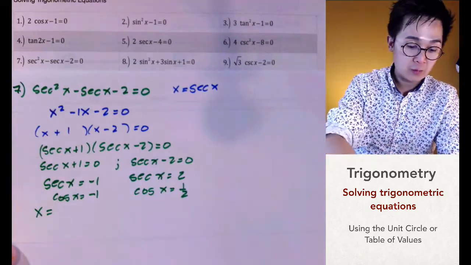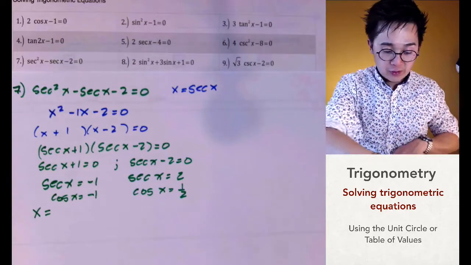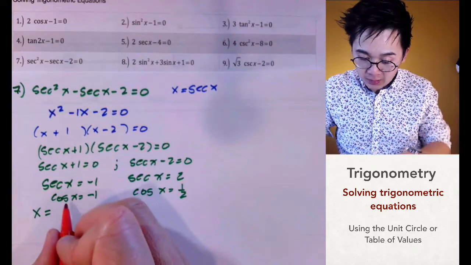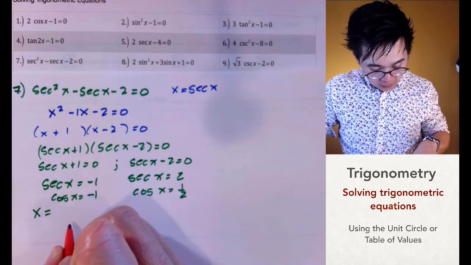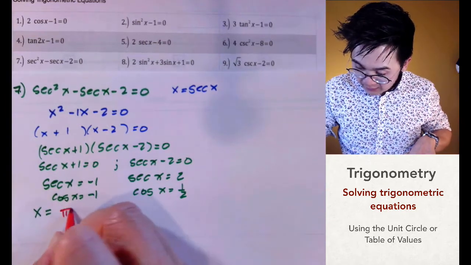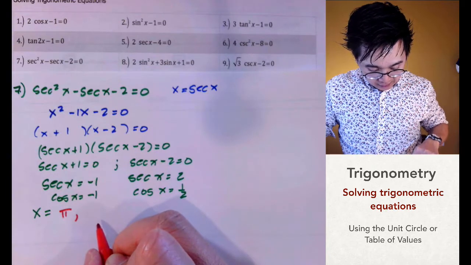So using our table of values, finding all the values of cosine x equal to negative 1, we will have pi. So pi is over here, and there's only one negative 1 in our cosine values.